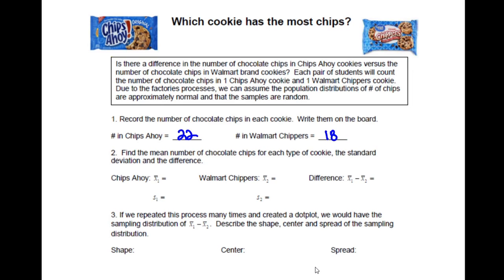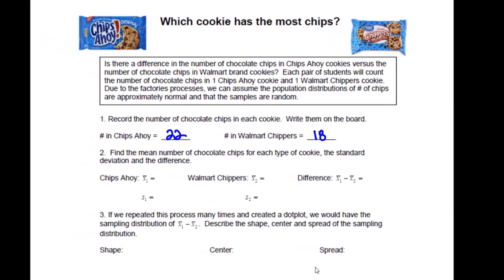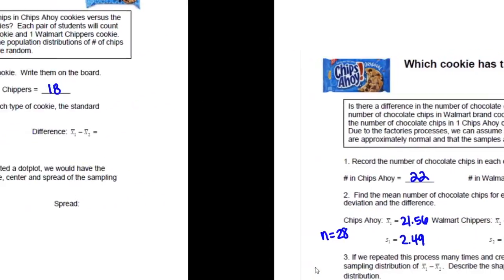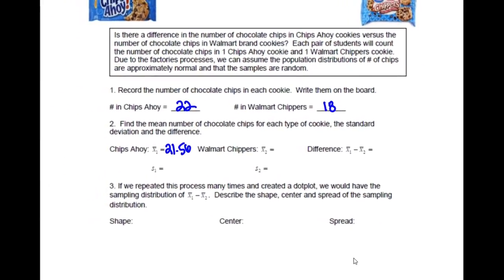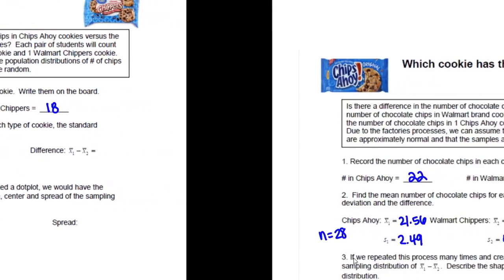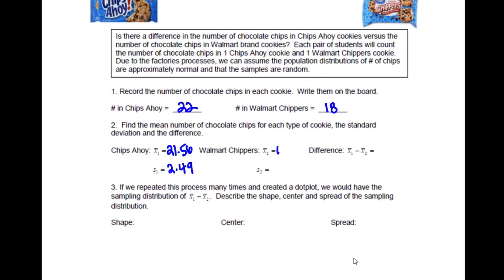And so in one class, I know we had 21.56 for the mean, 2.49 for the standard deviation. And then for the Walmart chippers, it was 18.22 and 4.51. And then both of our sample sizes were 28. We had 28 people in the class that did this when we did it before.